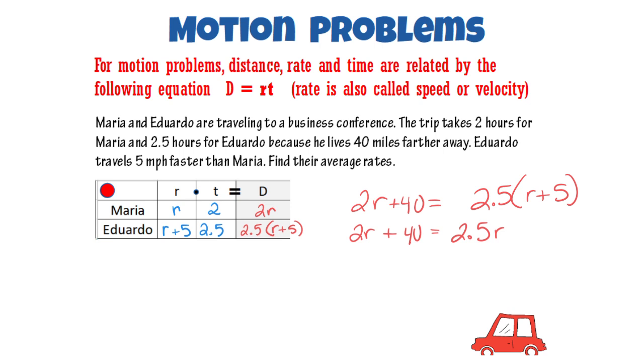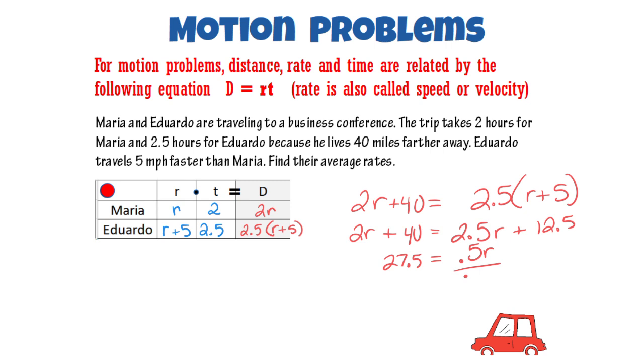You can use a calculator if you need to, but it would end up being 12.5. Now I'm going to get my r's together. Looks like I'm going to subtract the 2r to the right. At the same time, I'm going to subtract the 12.5 to the left side, and 40 minus 12.5 would be 27.5.